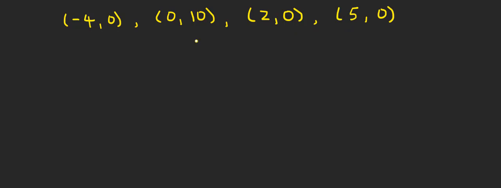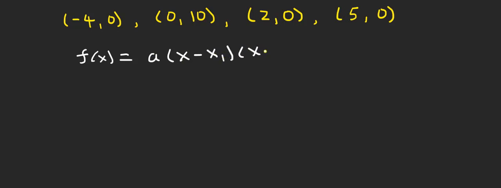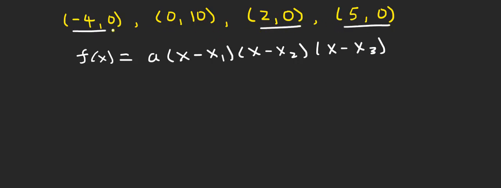We need to find the cubic equation that passes through these 4 points. So again, it's going to look like f of x equals a times x minus x1 times x minus x2 times x minus x3. Now, what are our x-intercepts? We got 5, 0, 2, 0, and negative 4, 0.